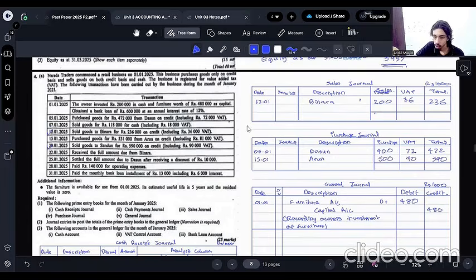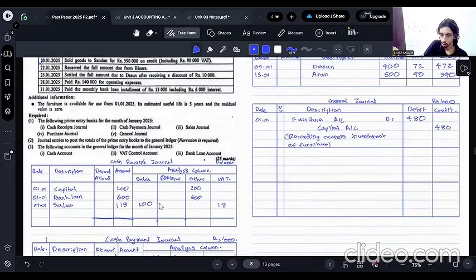Next, receive the full amount due from Binara. Binara should pay 236. In the cash receipt journal, on 22nd of January, Binara 236, under debtors also 236.